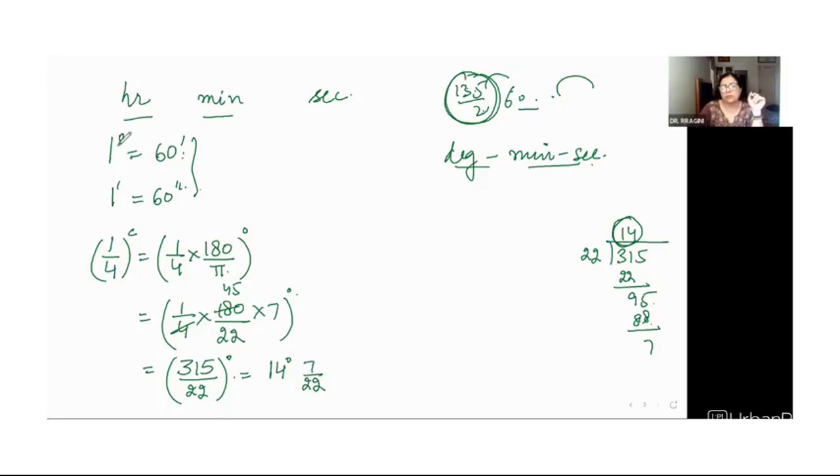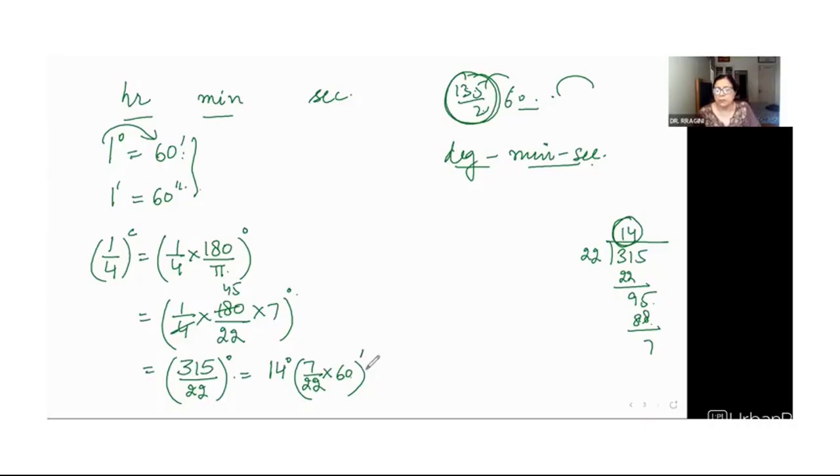That means when something is less than 1 degree, we go to the next smaller unit, which is minutes. So we convert it into minutes by multiplying it by 60, because we cannot make this degrees. This is a fraction, a value which is less than 1.